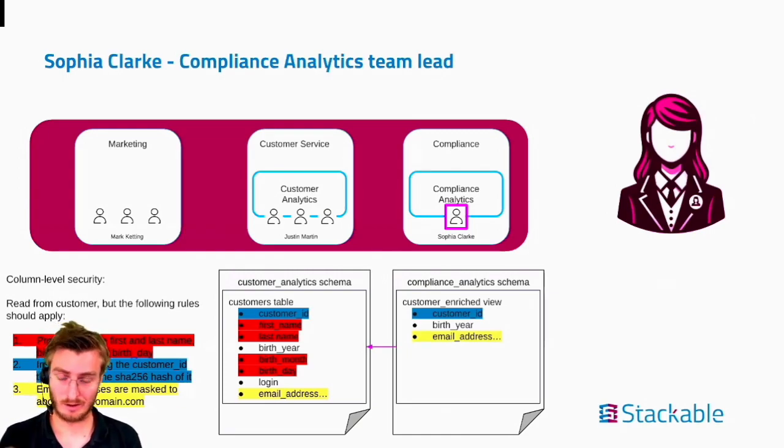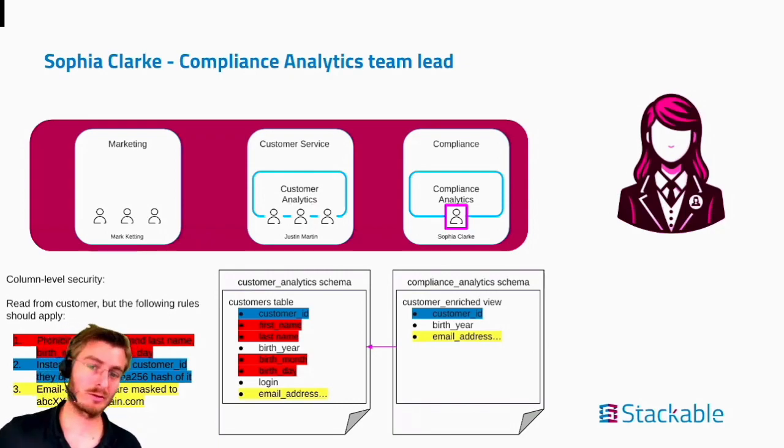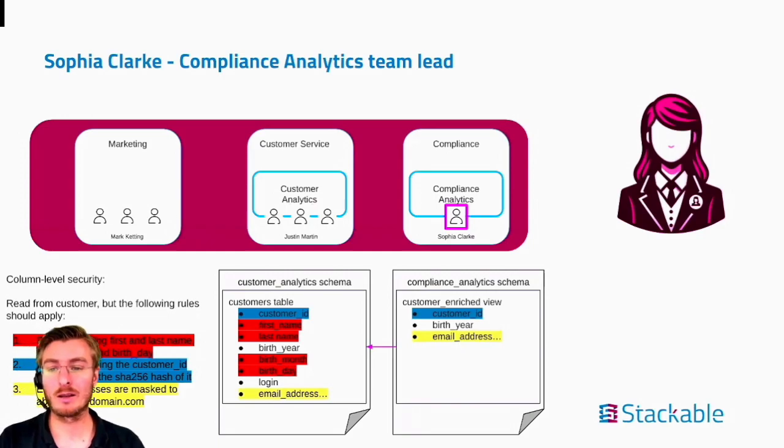So everything that's red here, the compliance analytics department is not allowed to see. The blue stuff will be hashed, which allows them to correlate for themselves, but not retrieve the actual customer ID that they could use in different systems to look at this. And in yellow, the email addresses are masked. As you can see down there, the ABC will remain.